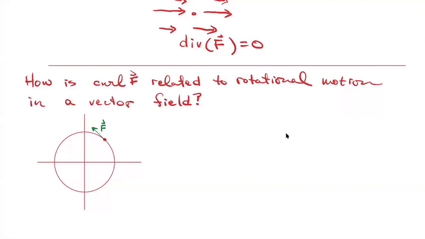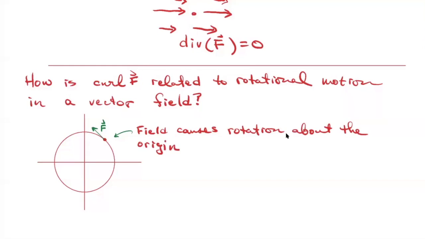Okay, so let's just say that the field causes rotation about the origin, just a velocity, with angular frequency omega.